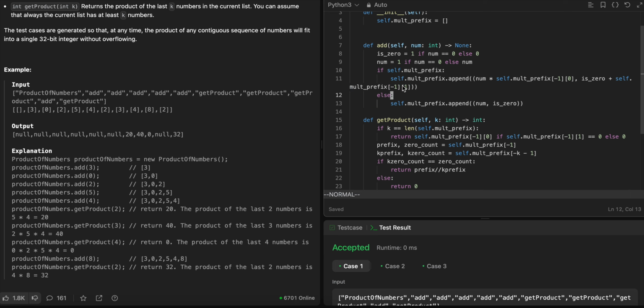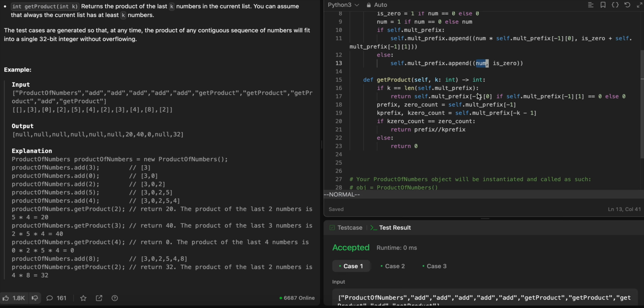Otherwise, I'm just going to add the first entry to the array, which is the number as it is, and the zero flag. Number is never going to be 0, because we changed it to 1. And is-zero is going to be either 0 or 1, depending on whether this number is actually underlyingly a 0.